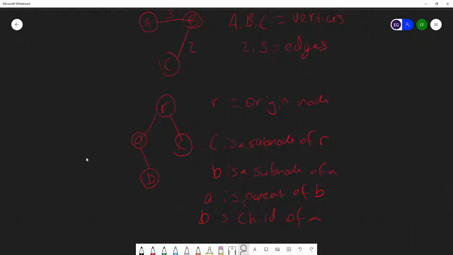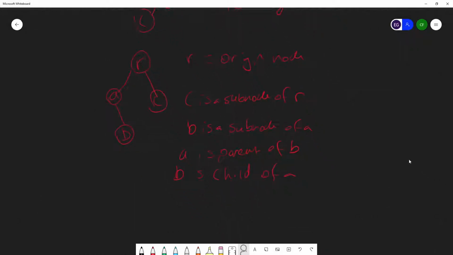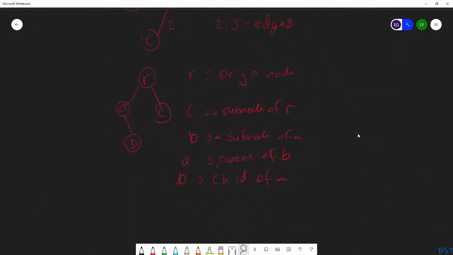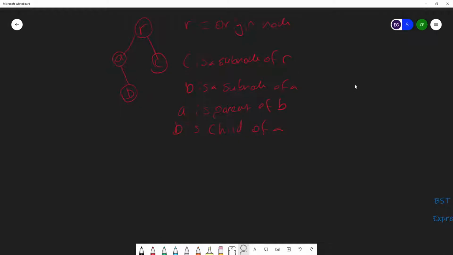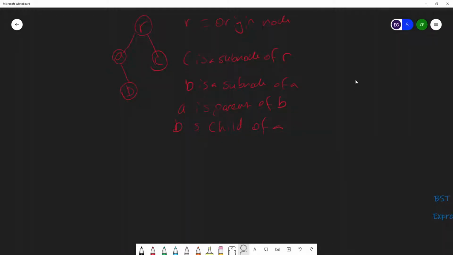Okay, so we also have something called a degree of a node. The degree of a node is the number of children a node has.